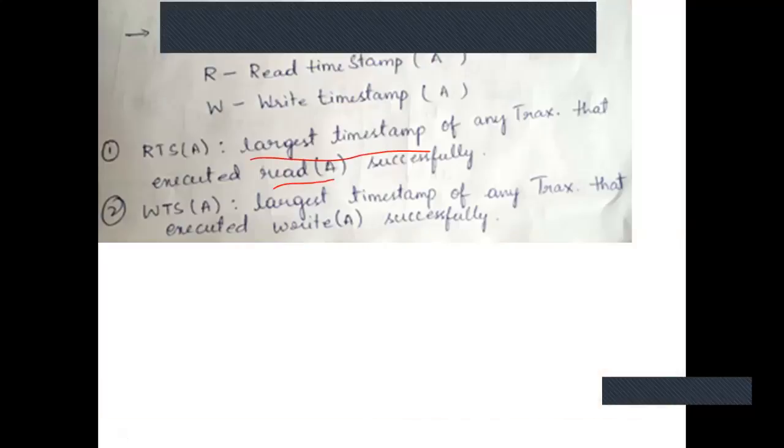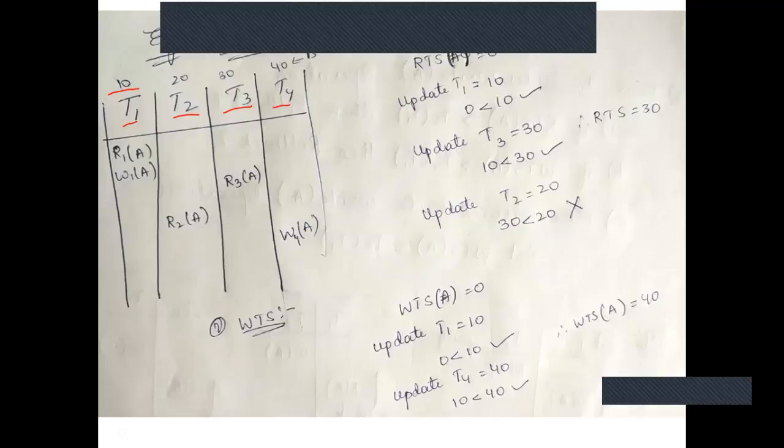Because in the previous slide we said the largest timestamp of any transaction that is executing read of A successfully is assigned to the read timestamp of A. Since 30 is not less than 20, this particular transaction is rolled back, or this particular value is not updated, and the read timestamp value remains 30.